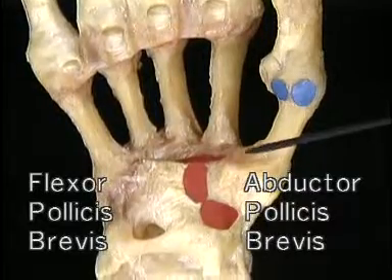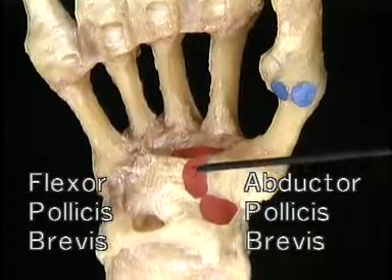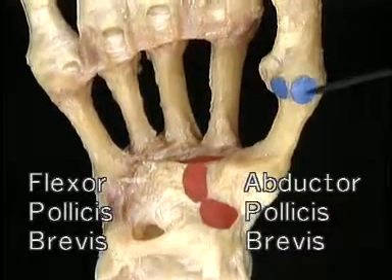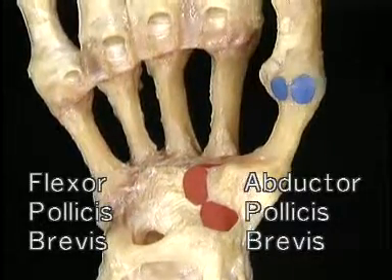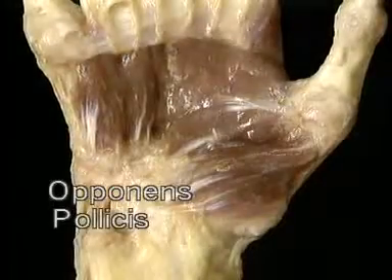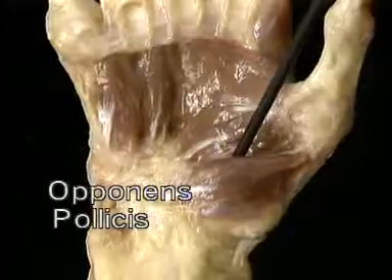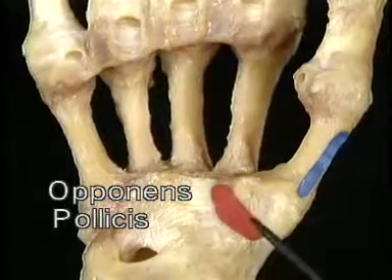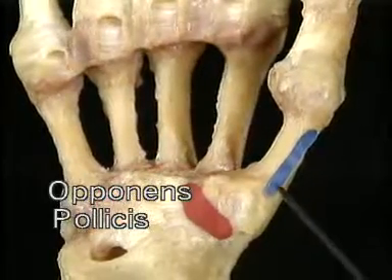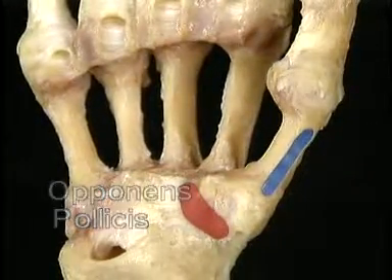Flexor brevis arises from the flexor retinaculum and from the trapezoid. These two muscles insert here on the base of the proximal phalanx of the thumb, on the radial side. Opponens pollicis, here it is by itself, arises from the trapezium and from the flexor retinaculum, and inserts along the radial side of the first metacarpal.